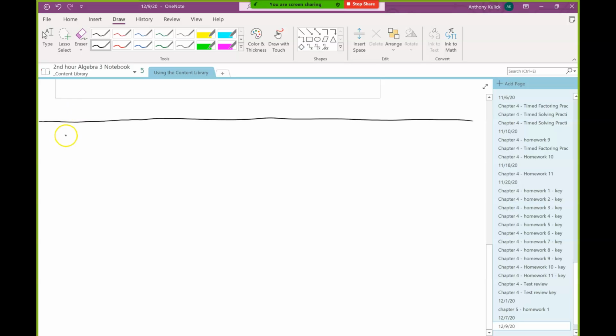Today, we're going to start by talking about a shortcut to polynomial division. That shortcut is called synthetic division.